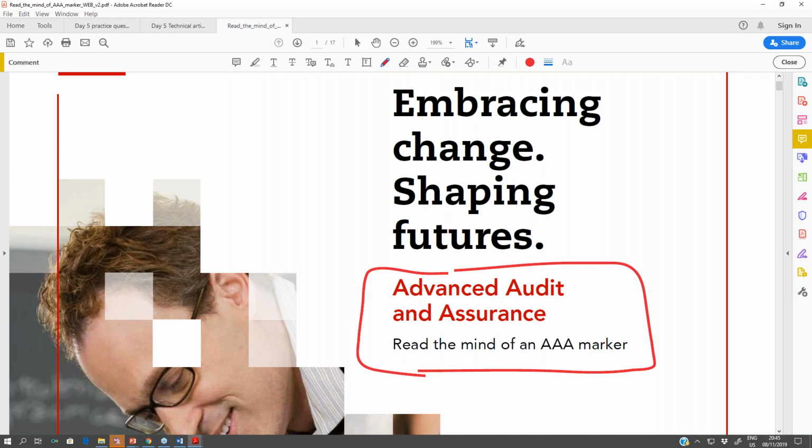So if you read the mind of the marker, that's very important. Now, the only one problem in this read the mind of the marker is that this article was published when the format of the paper used to have 5 questions. Now the format of the paper has 3 questions, right? And the marker has used a question on ethical and professional issues when the format of the paper used to have 5 questions, right?